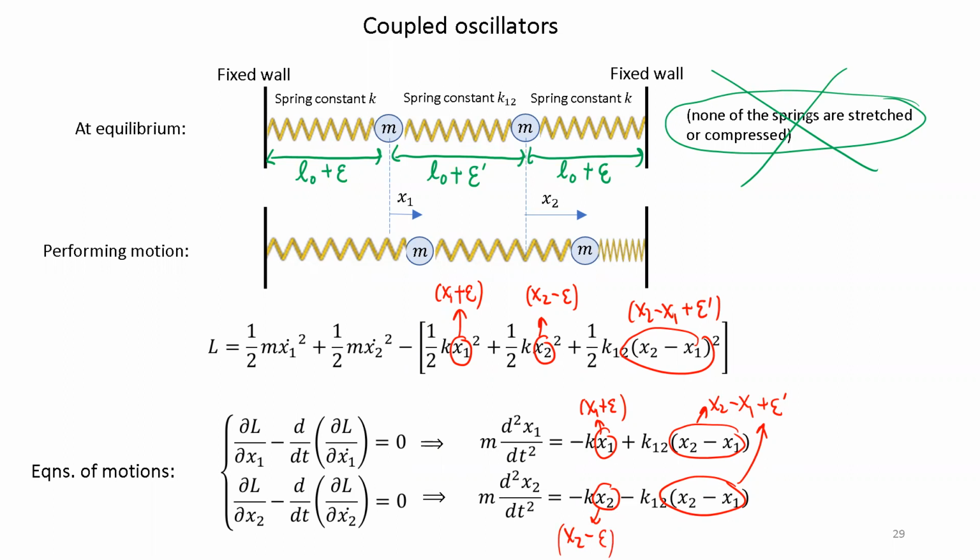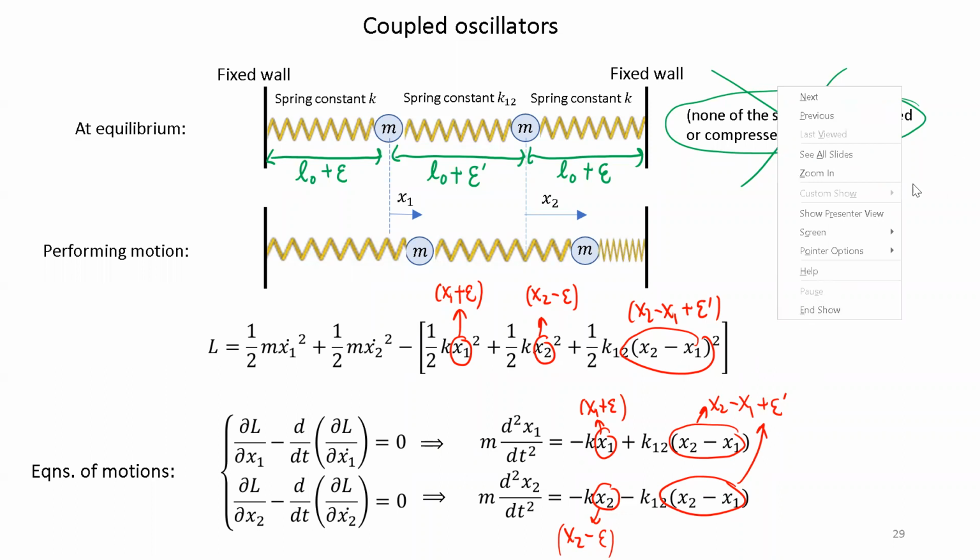Okay, so then what does that really mean? That means that your equation of motion will have some additional constant terms. So you have this k epsilon, this k12 epsilon prime, this k epsilon, and this k12 epsilon prime. But that's all.